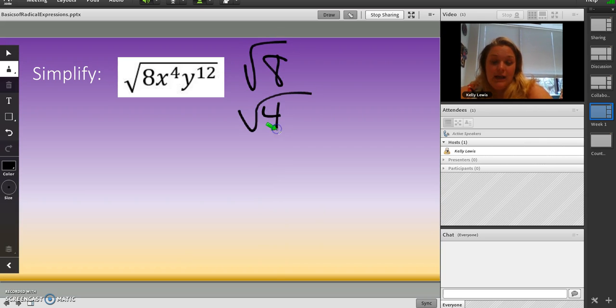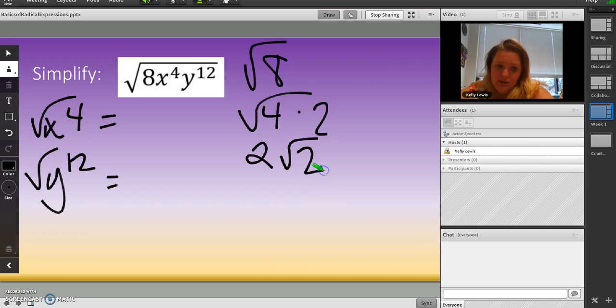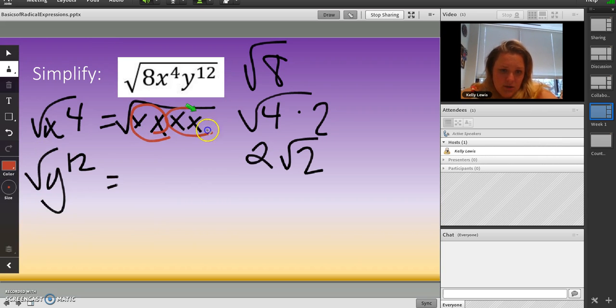Square root of 8 x to the 4th y to the 12th. I like to split it up: we have square root of 8, then x to the 4th, then y to the 12th, and then I put it all together. Square root of 8 is 4 times 2, and I picked 4 because square root of 4 is 2, and then this 2 stays in jail. X to the 4: 1, 2, 3, 4, and I need groups of 2, so there are 2 groups of 2.